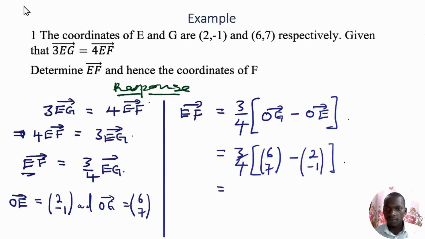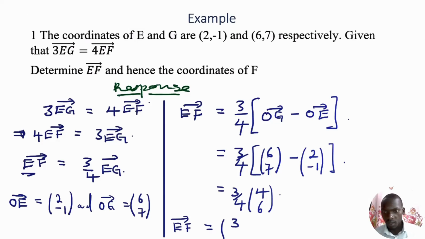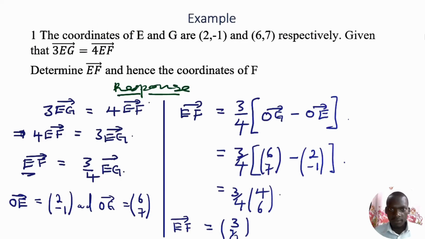That is 3 divided by 4 into (6 minus 2, which is 4, then 7 minus 1, which is 6). As we multiply, 3 divided by 4 multiplied by 4 is 3, then 3 out of 4 multiplied by 6 gives 9 out of 2. So vector EF equals (3, 9 out of 2). This is our vector EF.